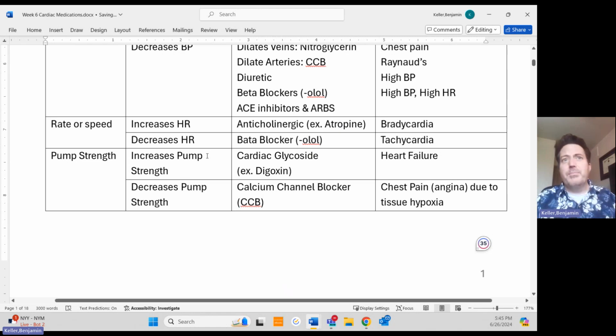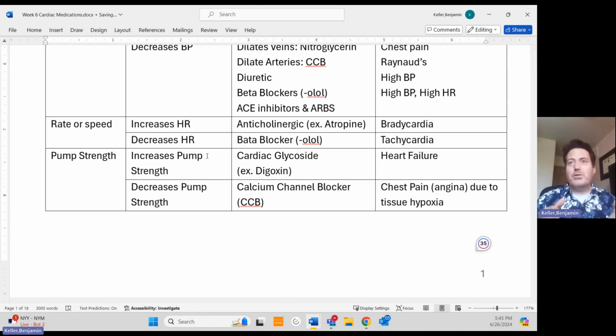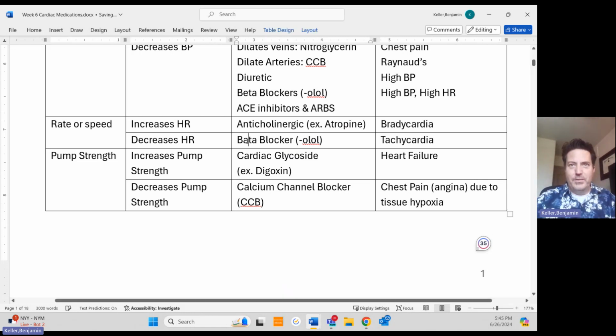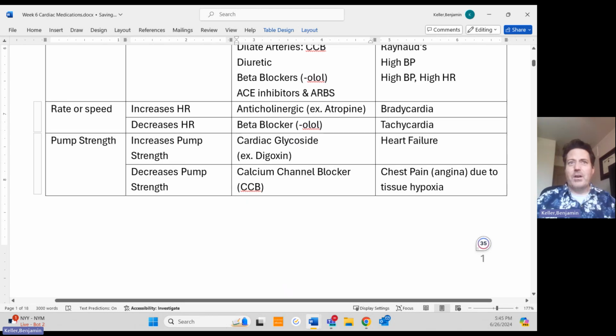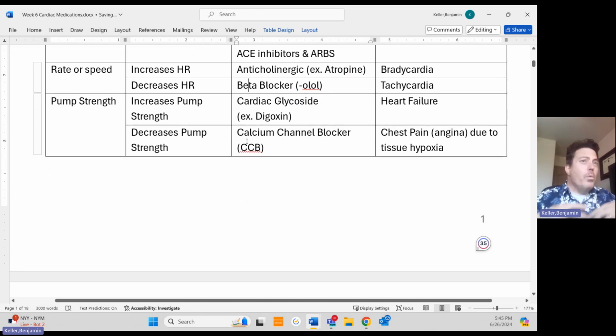Sometimes we need to increase the speed of the heart, and we use an anticholinergic like atropine, and we do that for bradycardia. If the heart's not beating fast enough, we need to get that speed up, or maybe we need to decrease the heart rate. We need to use a beta blocker for something like tachycardia. Or we need to change the pump strength.